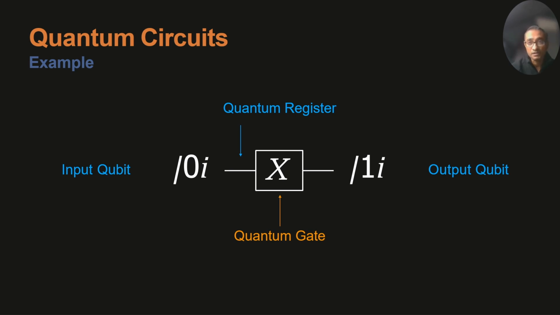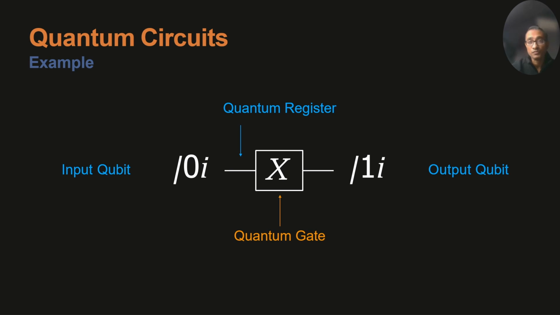So we start with the input qubit from the left hand side at the state 0, and then it flows through what is called a quantum register, or also a quantum channel. Now, when it flows through the quantum register or channel, it is acted upon by what we call a quantum gate.